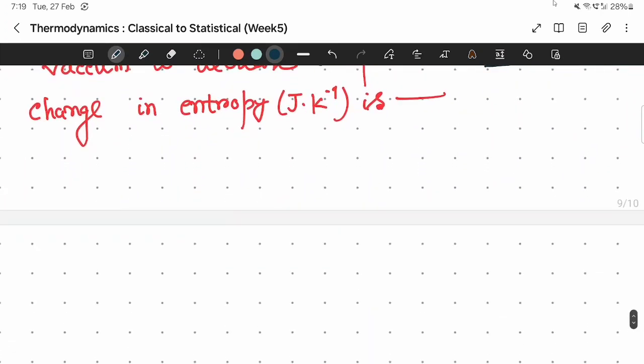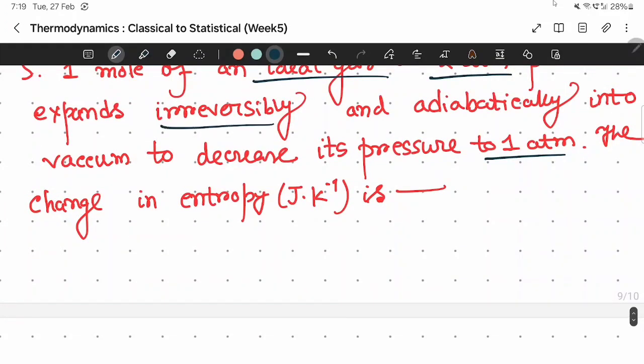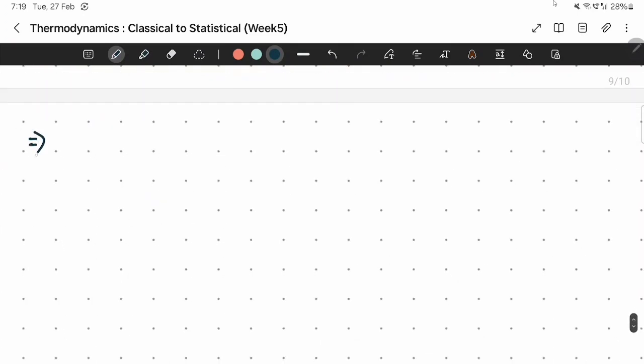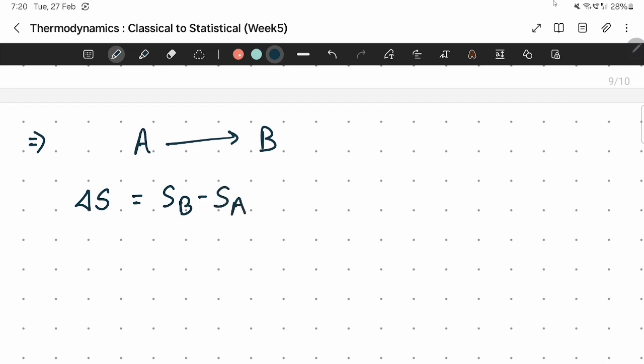So first, this is irreversible and adiabatic. So let's say the process is like A to B. So now the entropy change will be del S equal to SB minus SA. Again, we know that S is a state function. That means entropy is a state function.